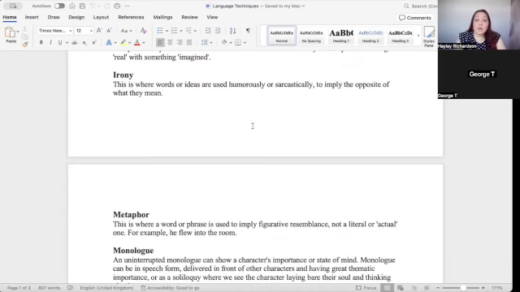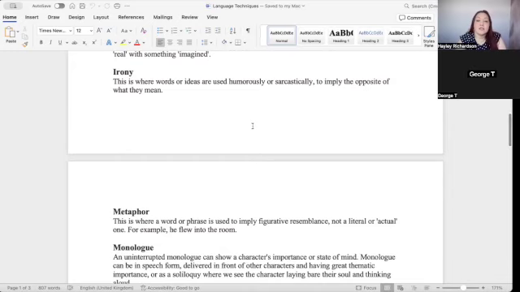Irony. This is where words or ideas are used humorously or sarcastically to imply the opposite of what they mean. Okay. I'm trying to think of an example of this. I think Eric in An Inspector Calls, he says a couple of things that are a bit sarcastic. So he definitely uses irony.